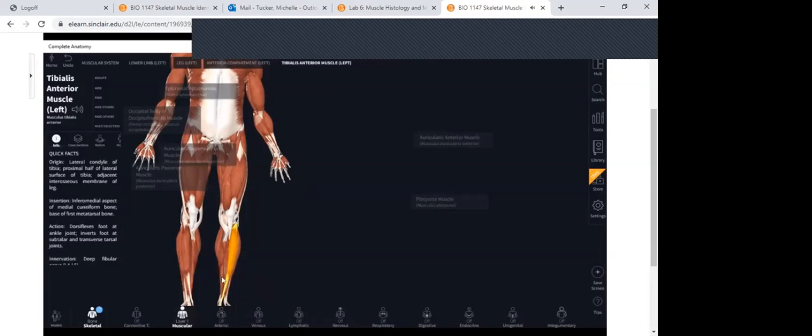We have tibialis anterior. Tibialis anterior is involved in dorsiflexion, pulling those toes up. It runs right alongside of the tibia. So tibialis anterior is involved in dorsiflexion.